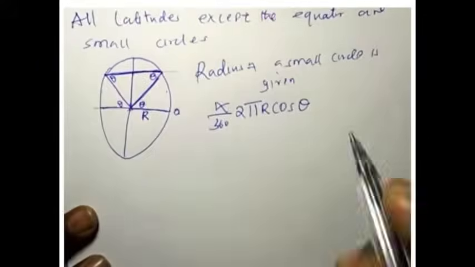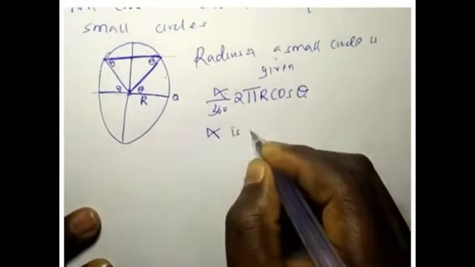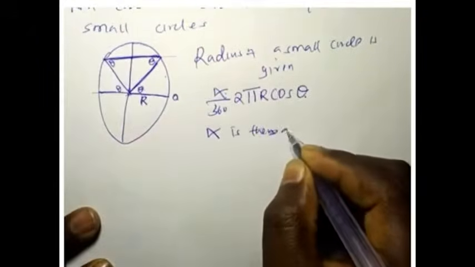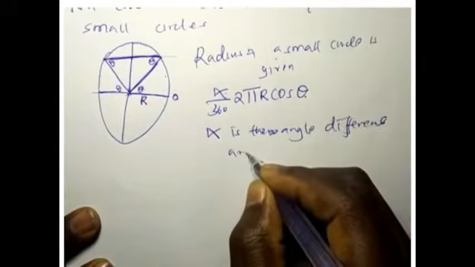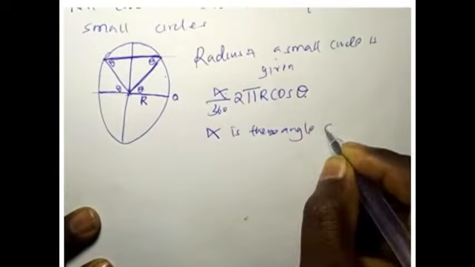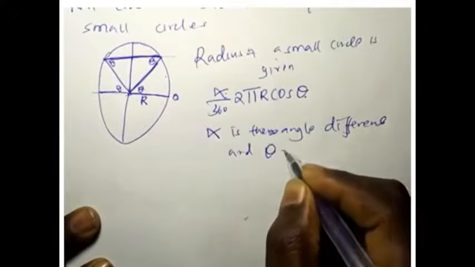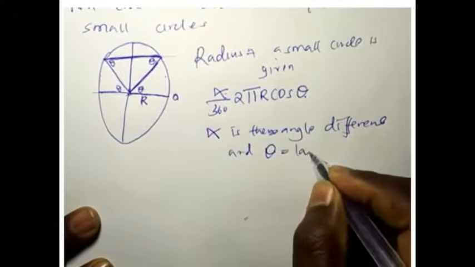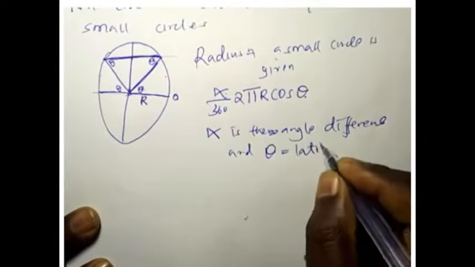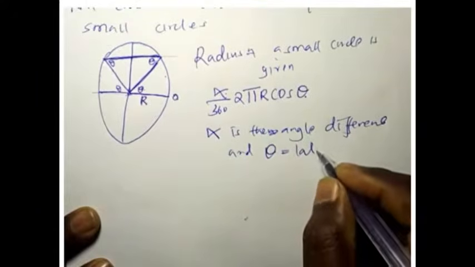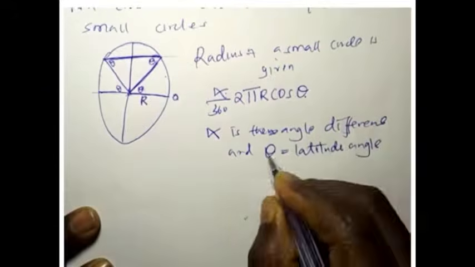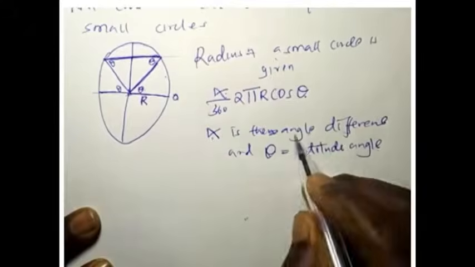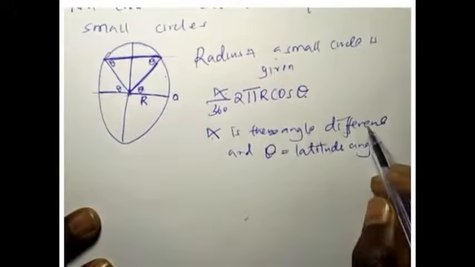Alpha is the angle difference, and theta is equal to the latitude angle. Theta is the latitude angle, and alpha is the angle difference between the 2 points.